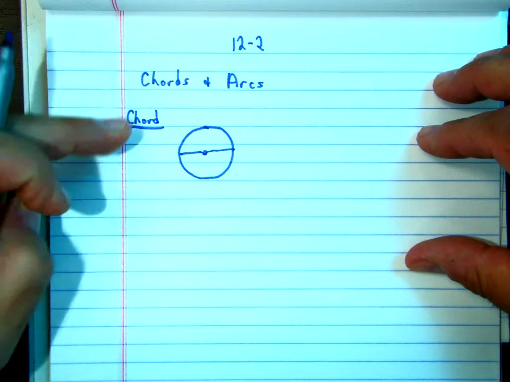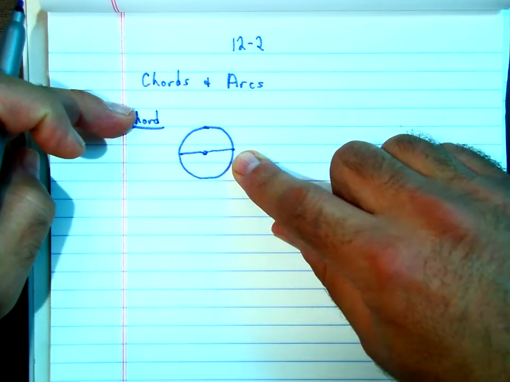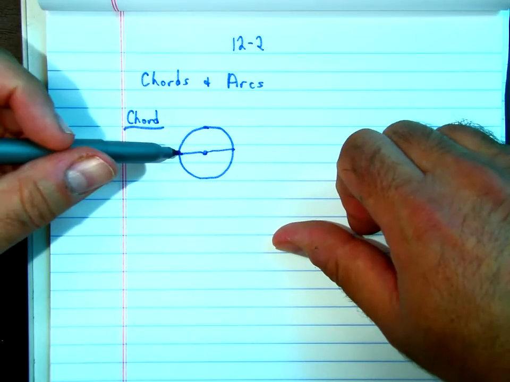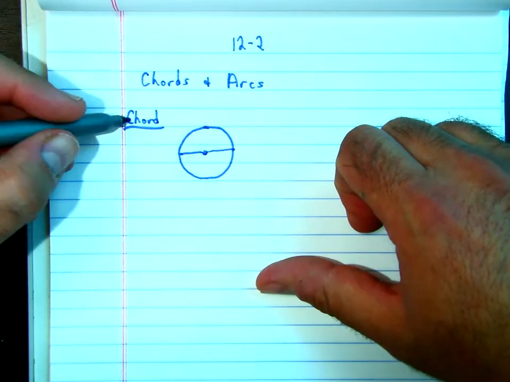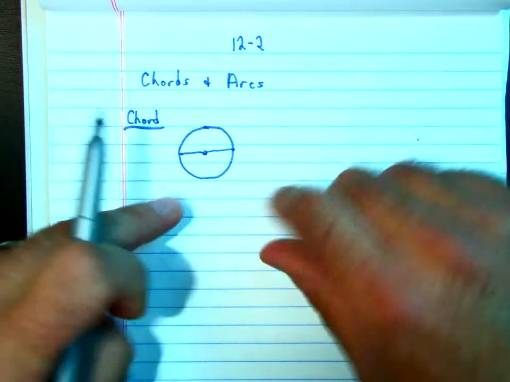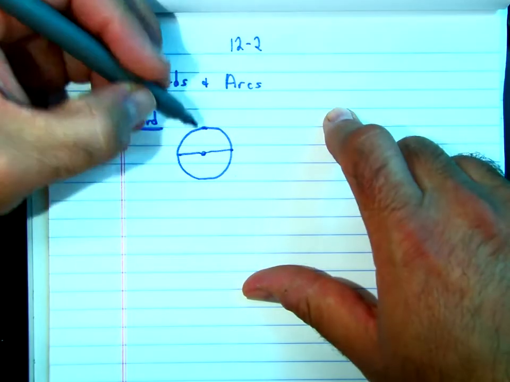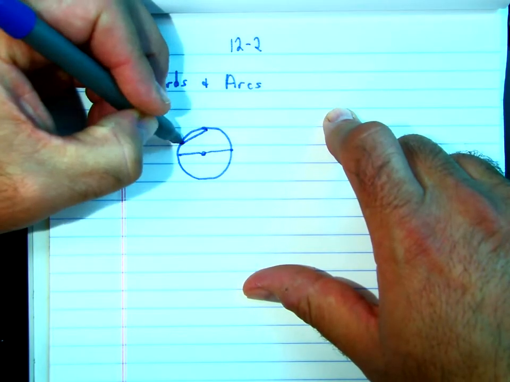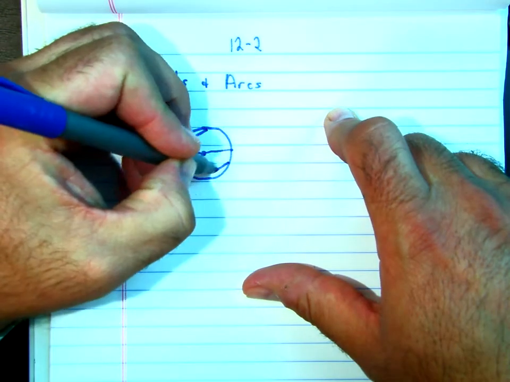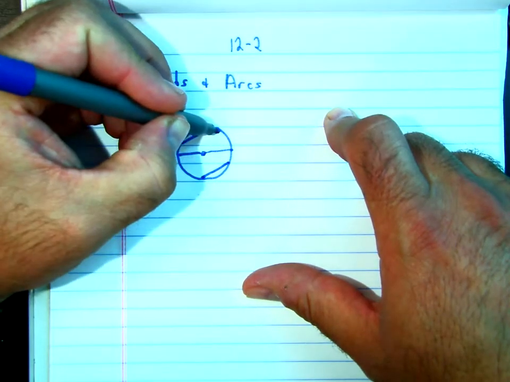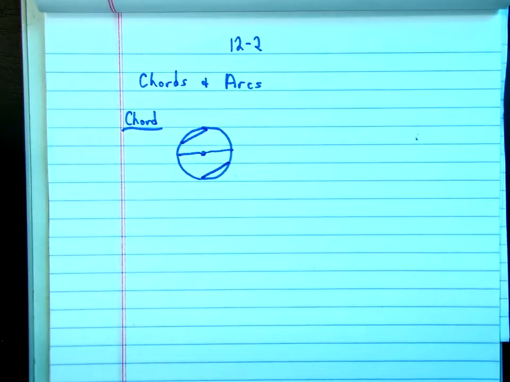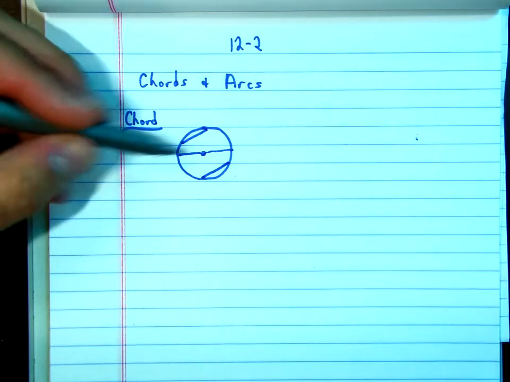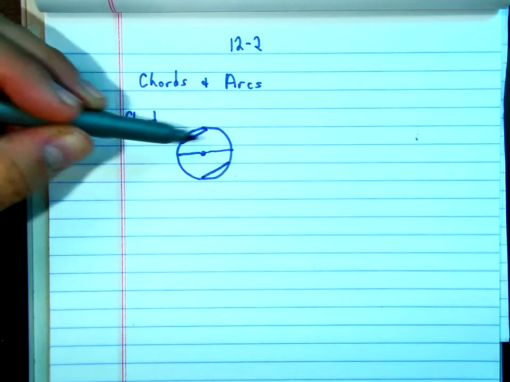Hopefully you know it's the longest chord. Okay? So any line that touches the circle twice is a chord. Notice it's still in the circle. So that's a chord, that's a chord, that's a chord. Those are all chords. Okay? And understanding that the longest chord is a diameter.